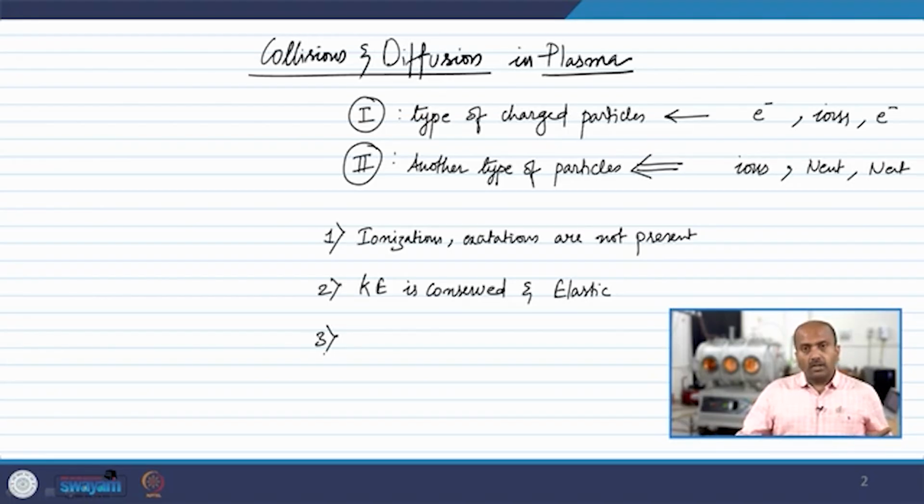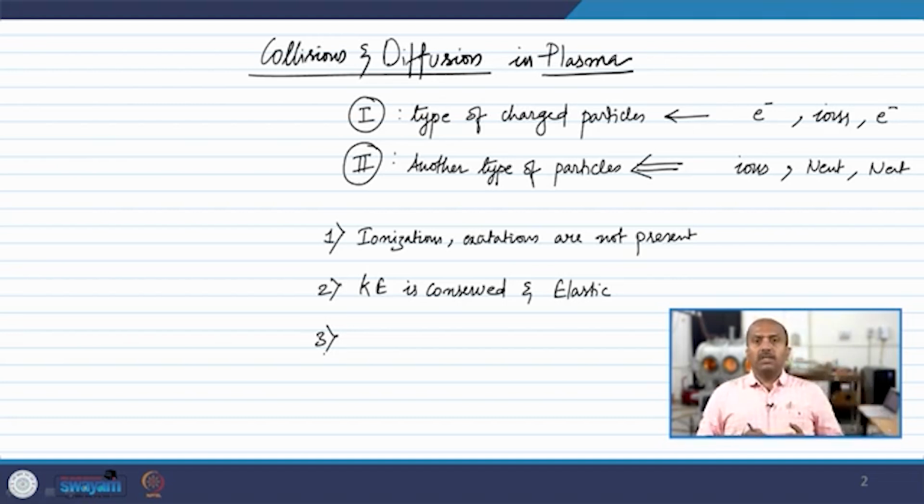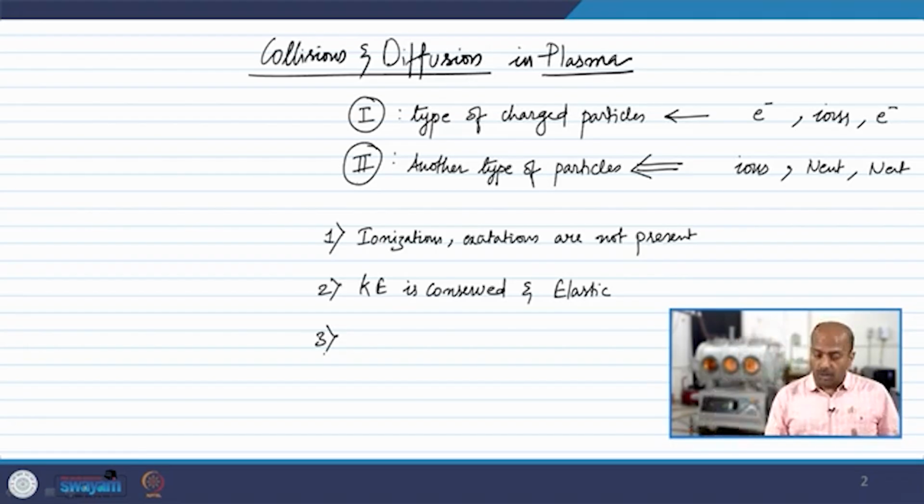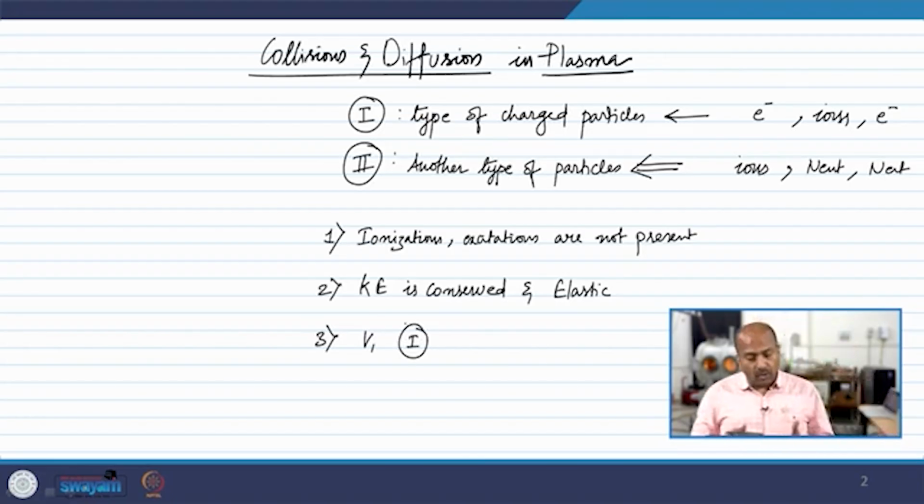Now, all these particles will have obviously random velocities, their velocities will be different, and at the same time the direction of those velocities would also be different. But what we will do is we will assume a group velocity or a bulk velocity V1 associated with type 1 particles, which is actually an average velocity of all the particles that are present within this type.